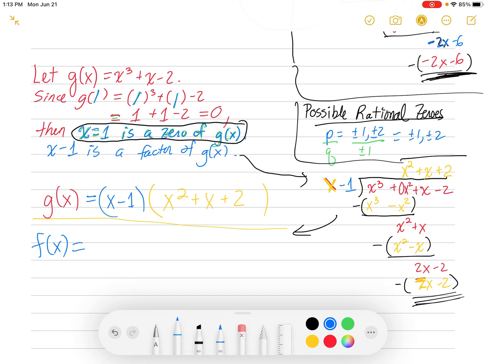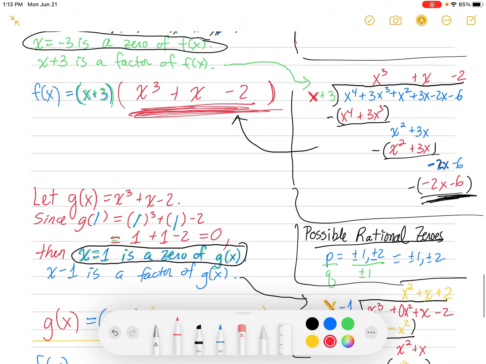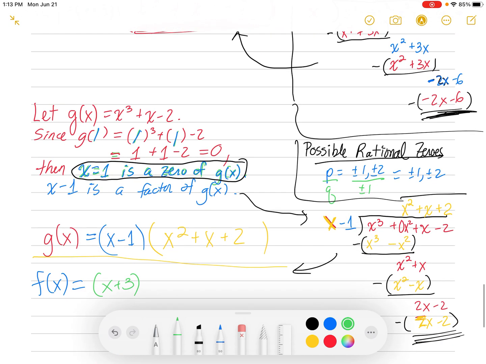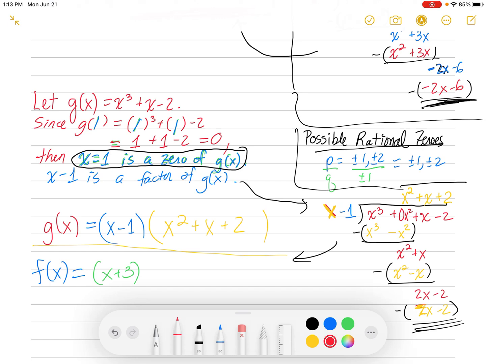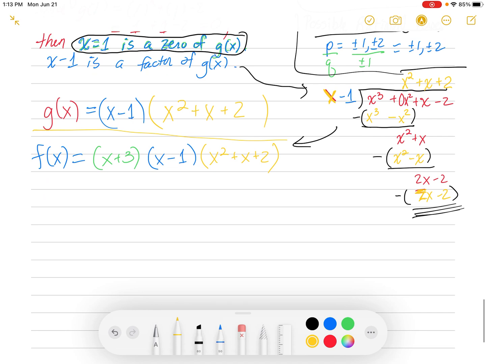So f of x, remember, f of x is equal to x plus 3 times g of x, which we know g of x is x minus 1 times this yellow.